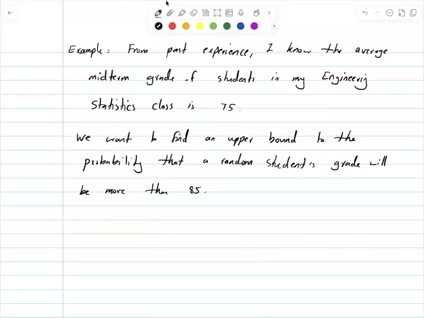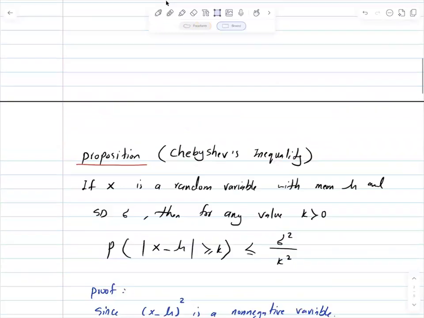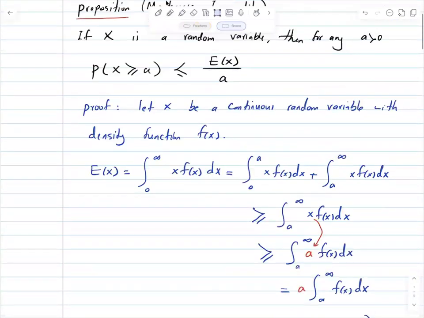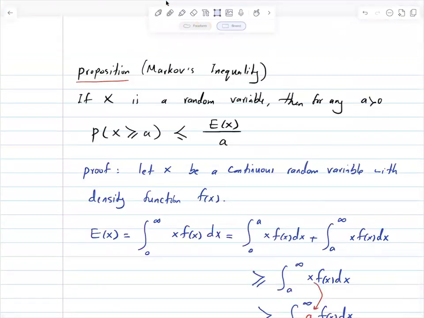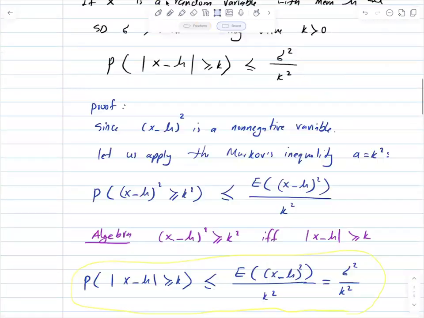Very good. So let us take a look at the formulas that we have up here. We're going to use Markov's inequality. So let us grab Markov's inequality, because this is the expected value, and move it down here for you guys.